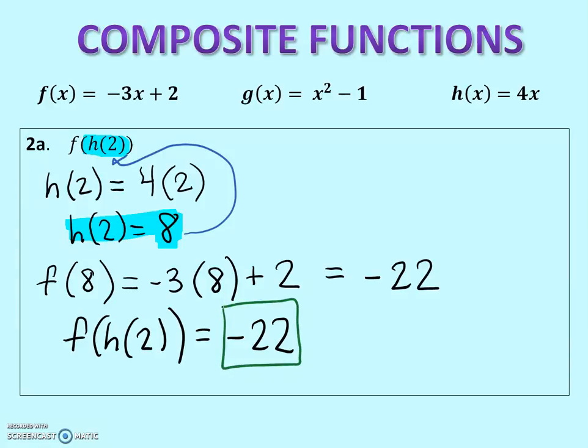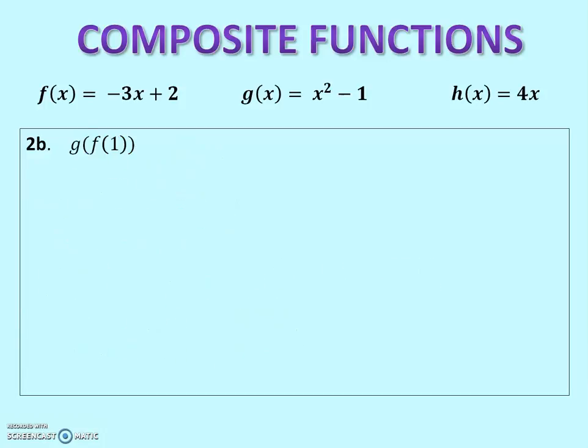Alright, go ahead and pause the video. Try 2B on your own. Alright, same idea, so we'll move quickly. Working from the inside out again, we have f of 1. We're just plugging in 1 for our x.